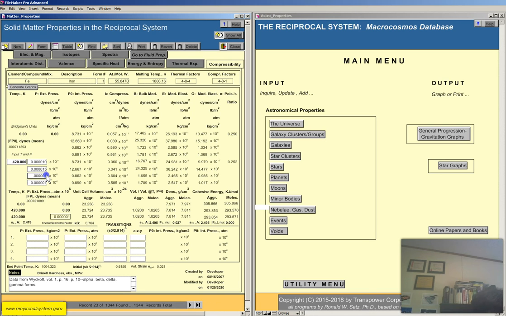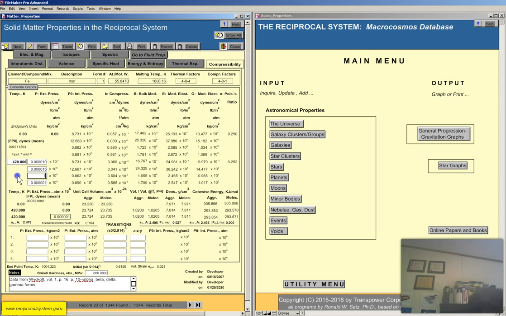You just have to be patient. Okay, I'm going to change this to 1 instead of 0.00001.